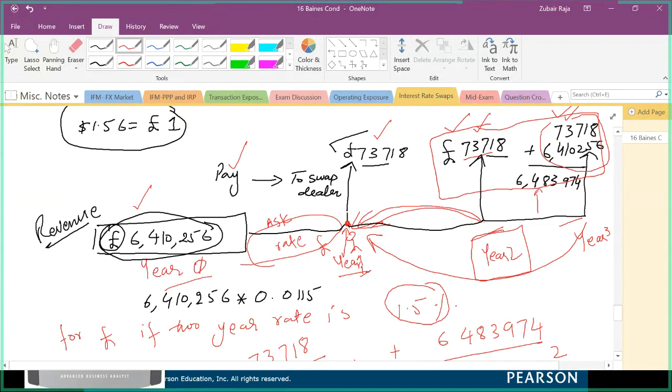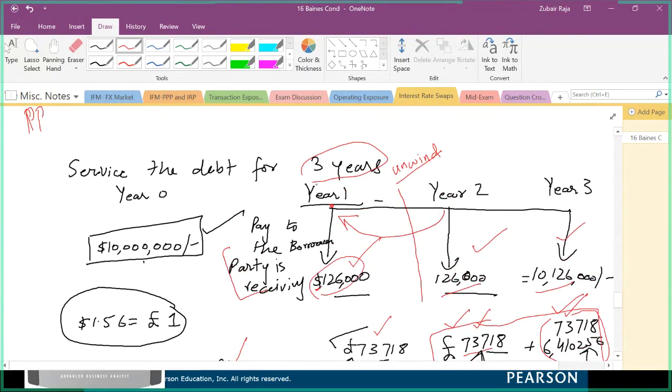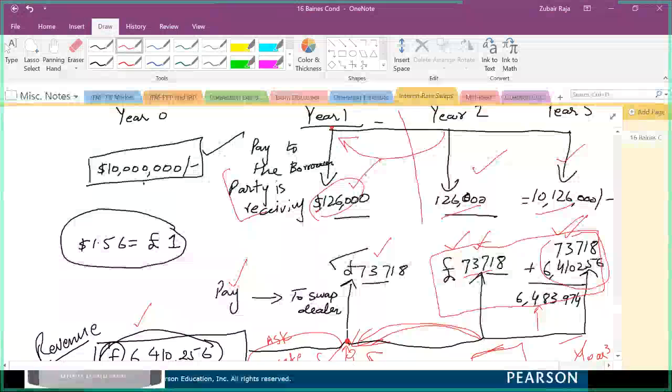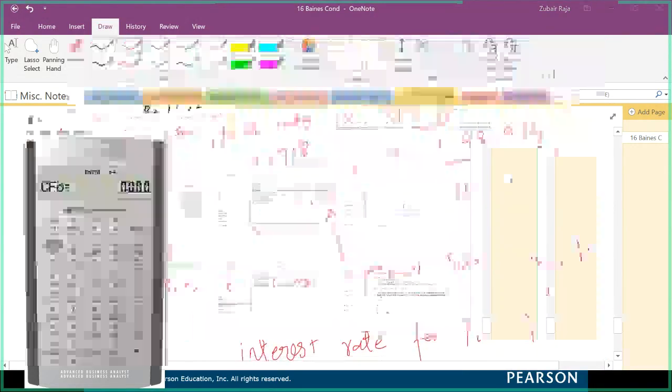Because at the end of the first year, the company decided that we are unwinding this position. If the company is deciding to unwind after paying the first year payment, then these two payments are no more relevant. All that is relevant is the present value of the future cash flows, which is associated with this and this, right? In that case, CF0 will keep as it is.